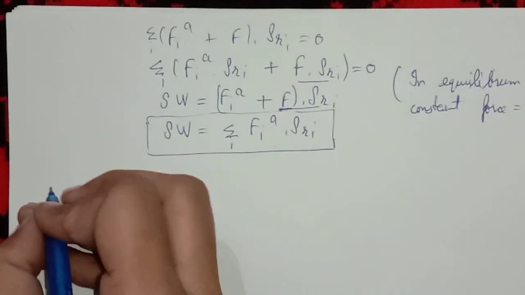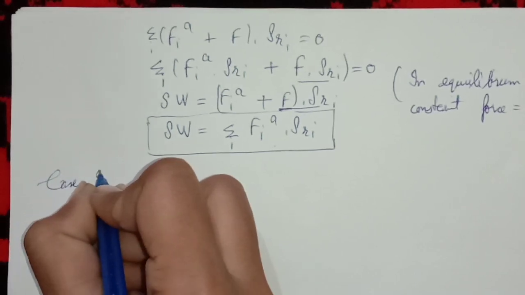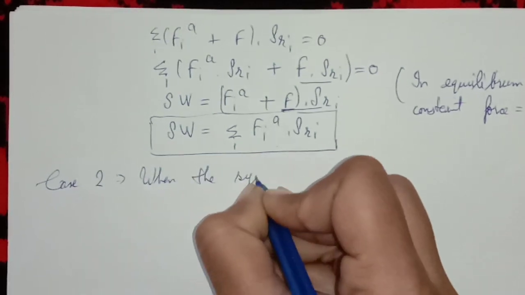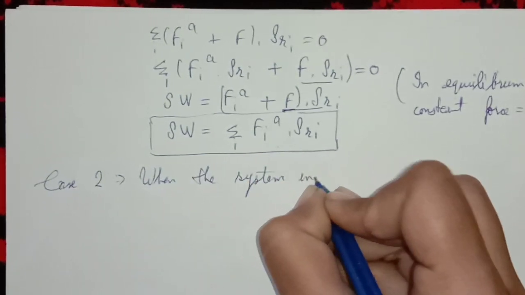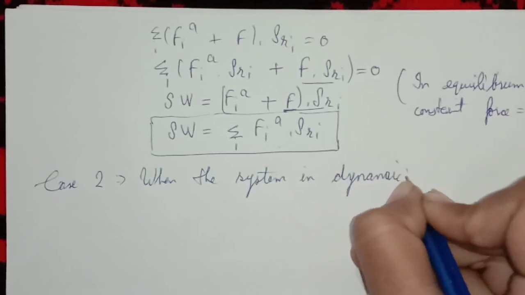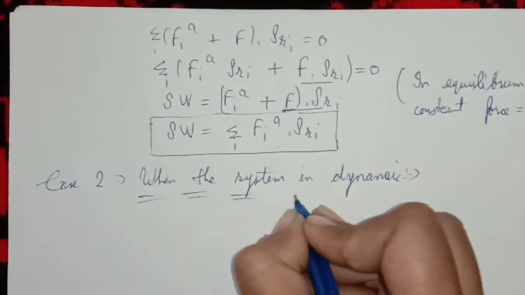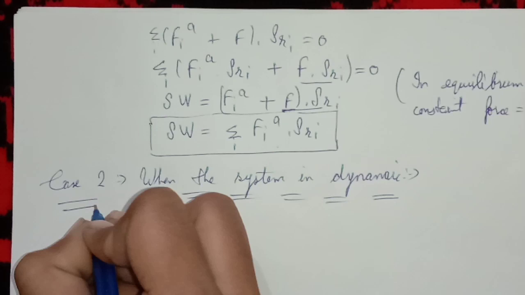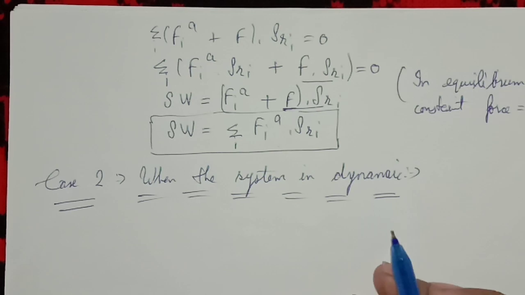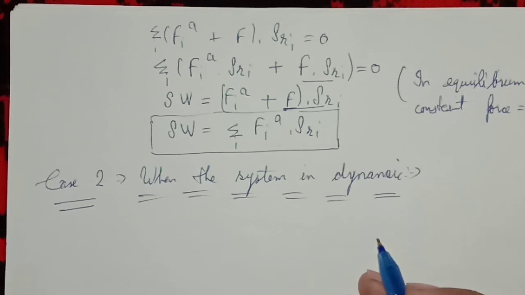Now we take the second case, when the system is dynamic. In this case, the system has a number of particles and the particles move some distance. Then we get the value of virtual work with constraint force.